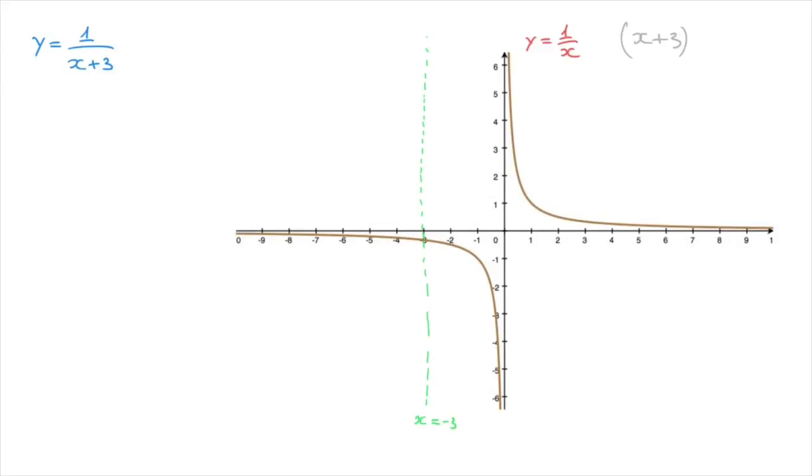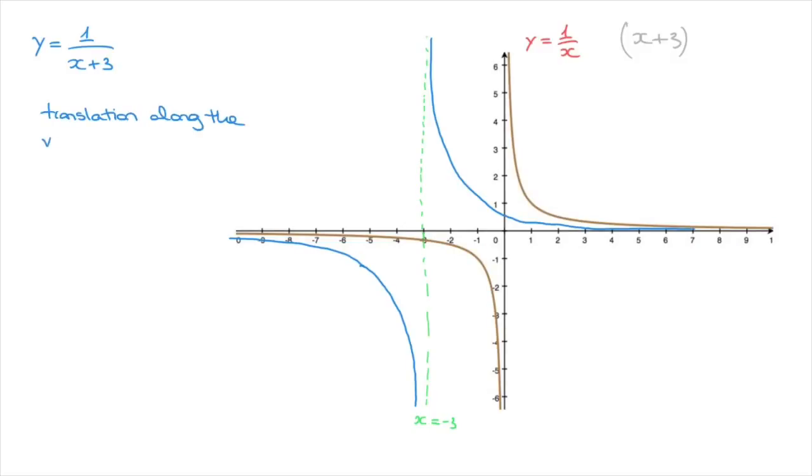And the curve itself will be identical in shape to the one we see here, but it will be shifted 3 units to the left, which would look like this. And we can state that the transformation that we've done is a translation along the vector (negative 3, 0).